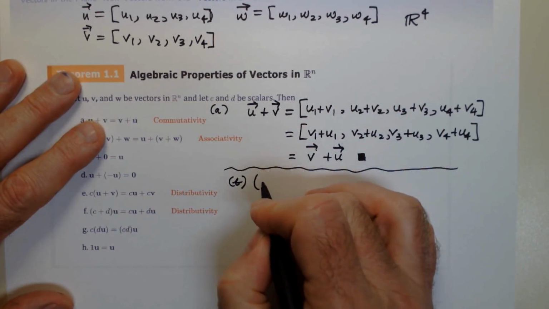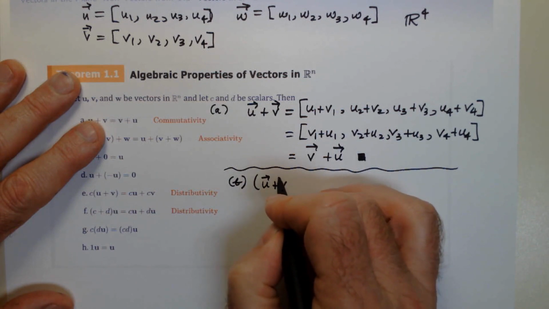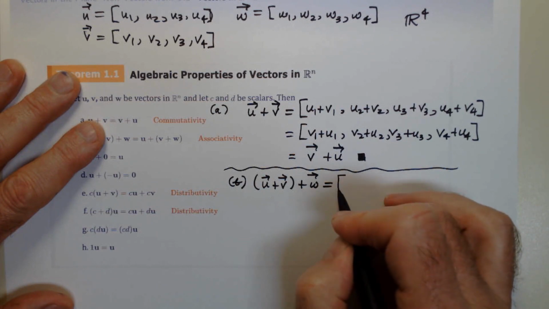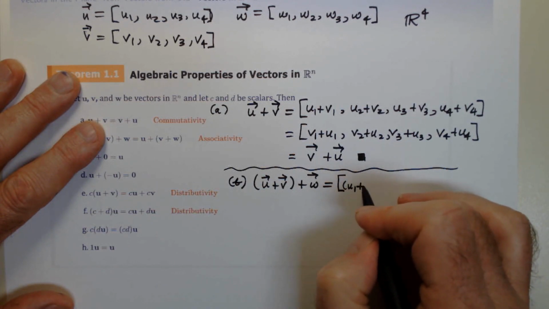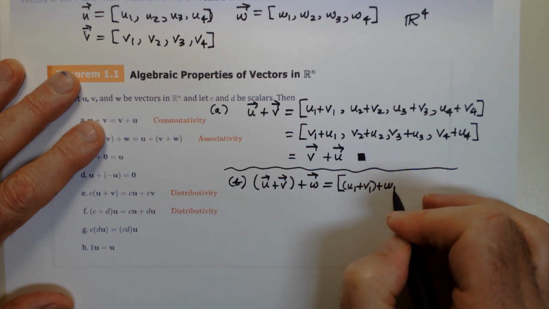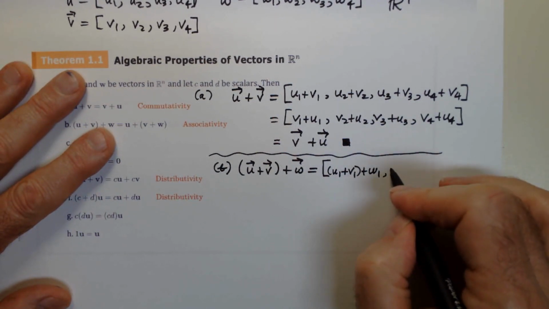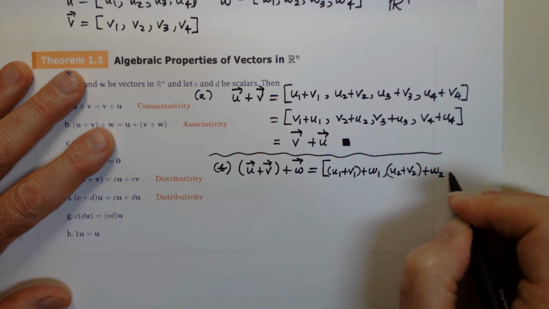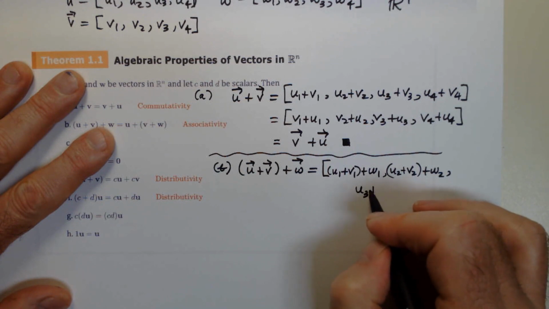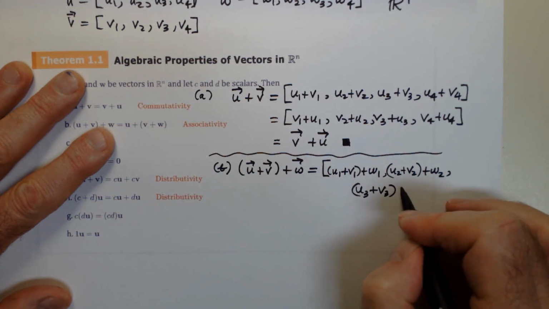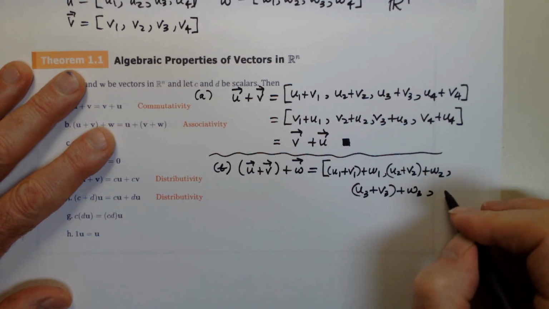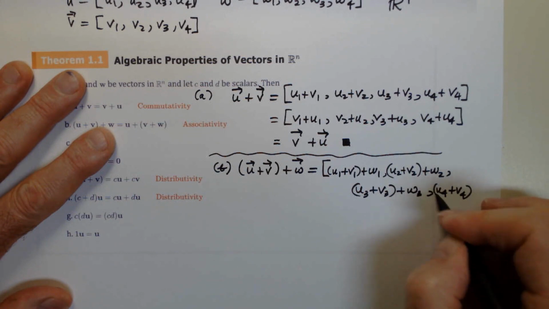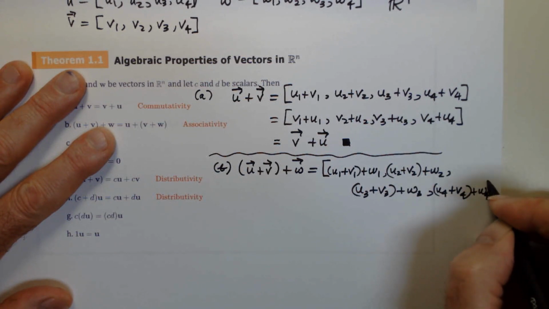So our vector (u plus v) plus w will look like u1 plus v1 plus w1, u2 plus v2 plus w2, u3 plus v3 plus w3, and then finally u4 plus v4 plus w4.